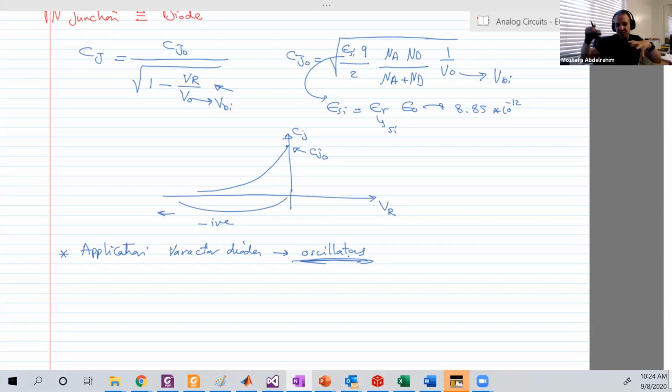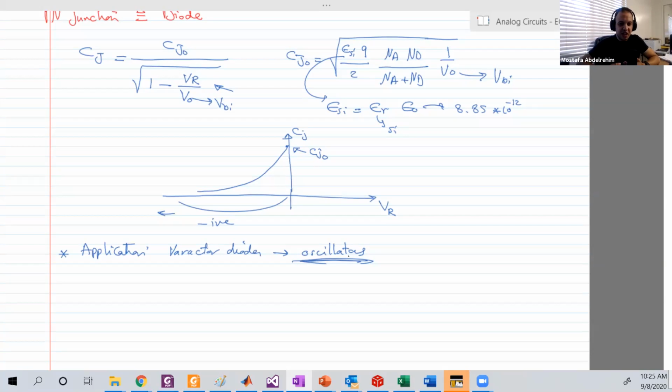This circuit has a capacitor and also has an inductor, okay? And we can control the frequency by varying either the value of the inductance or the value of the capacitance.